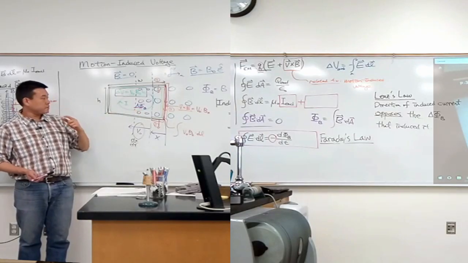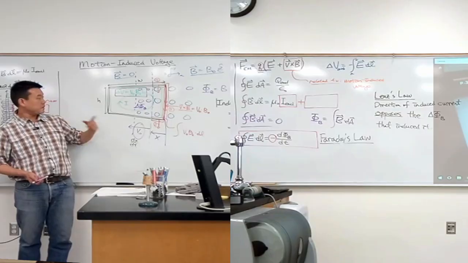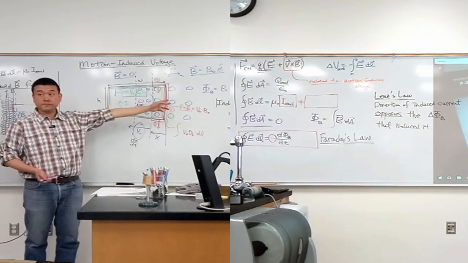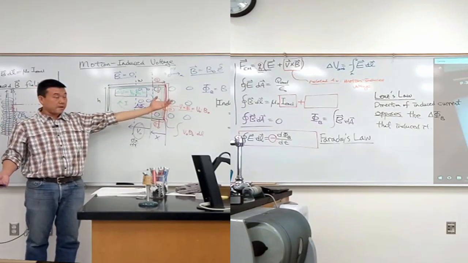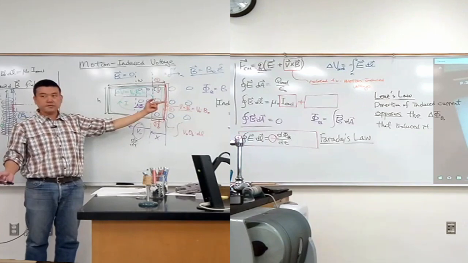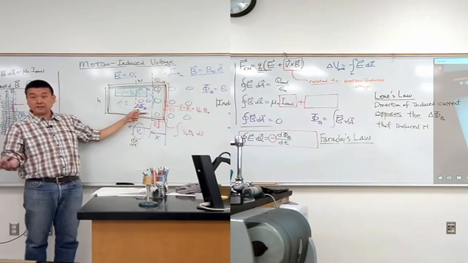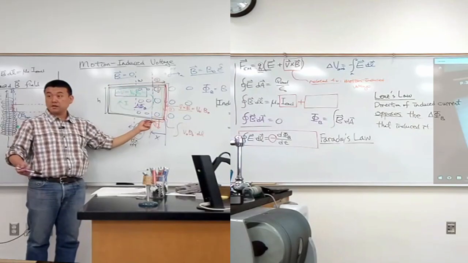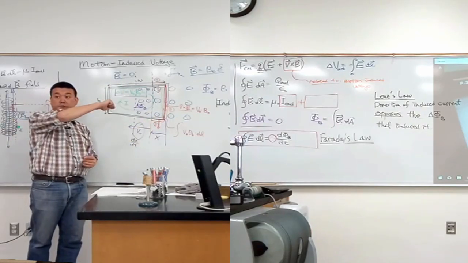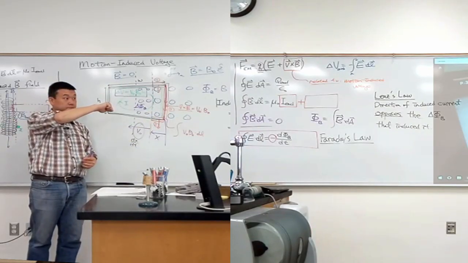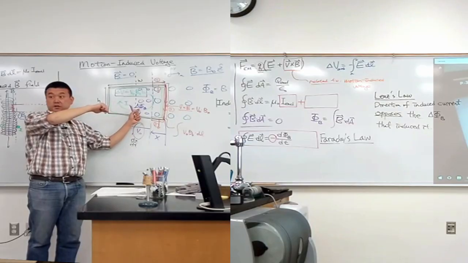What Lenz's law tells you is that the induced voltage around this loop is going to generate a current. And the current must be generated in such a way that this change is being opposed, meaning the magnetic field due to this loop of current should point into the board. That's going to be opposing this change here, right?